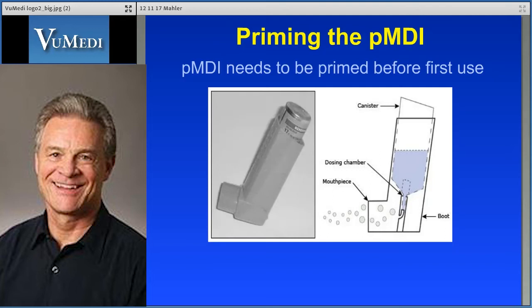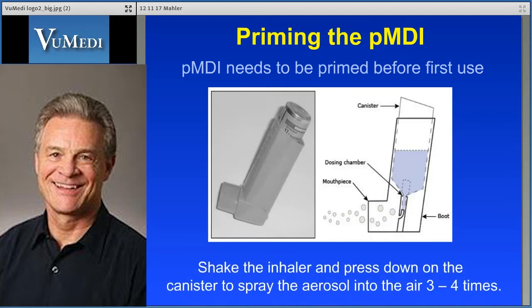Before using the pressurized metered-dose inhaler, it needs to be primed. For priming, the inhaler should be shaken and pressed down on the canister to spray the aerosol into the air 3 to 4 times. The aerosol should be sprayed into the air away from any individual.